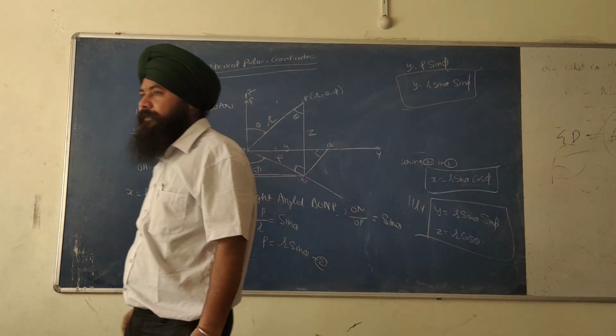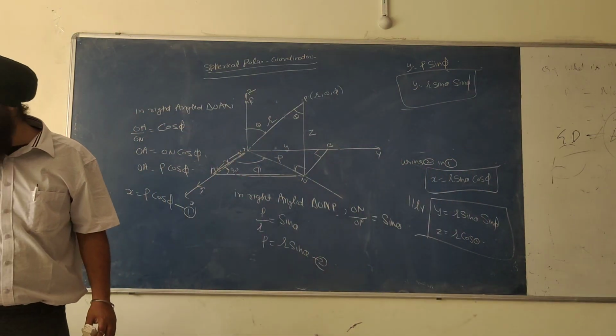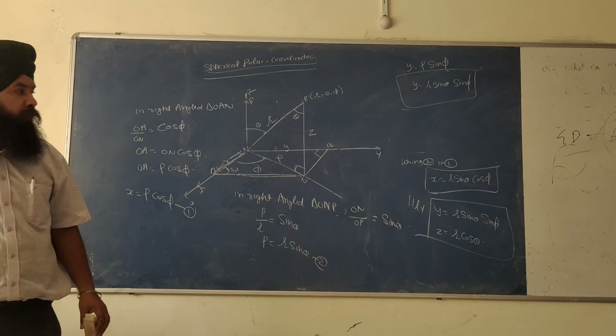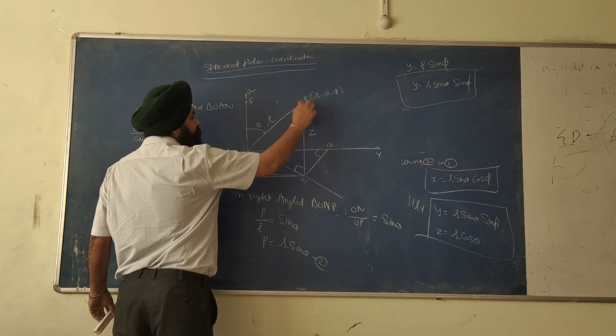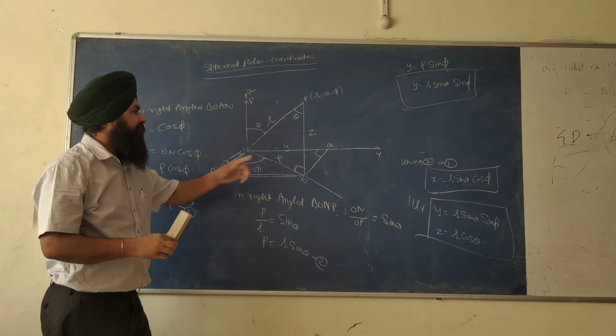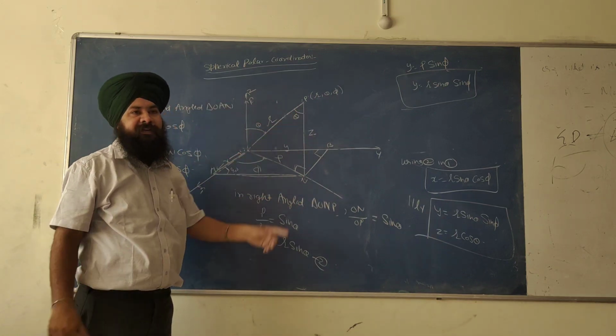Last but not least, in triangle ONP, z by r is equal to cos of theta.